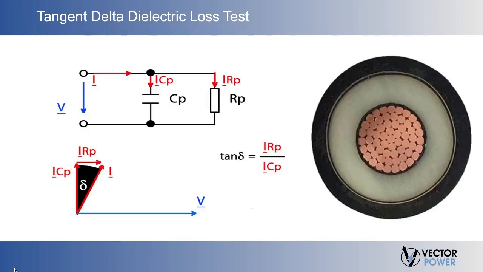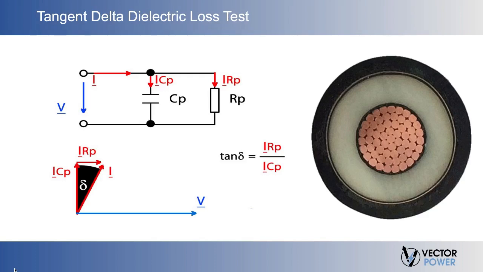In a real cable, however, there are dielectric losses in the insulation, and if there are impurities in the insulation, like those mentioned, the resistance of the insulation decreases, resulting in an increase in resistive current through the insulation. It's no longer a perfect capacitor.